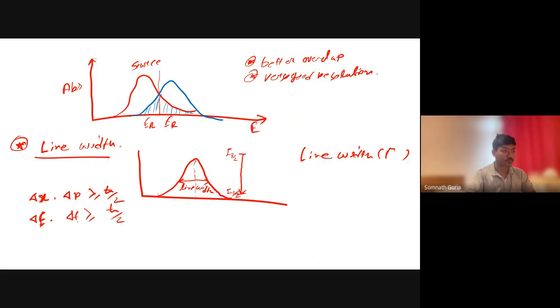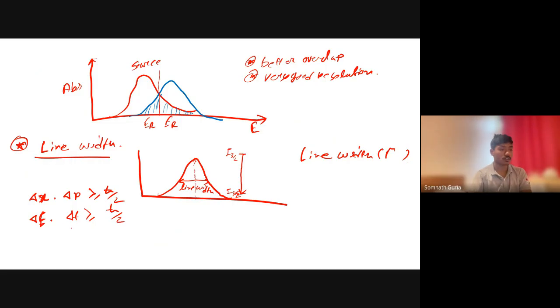The lifetime of the excited state is not going to be absolute 0. There should be some value, and the energy is some finite energy. Otherwise, if delta t is infinity, energy should be 0.